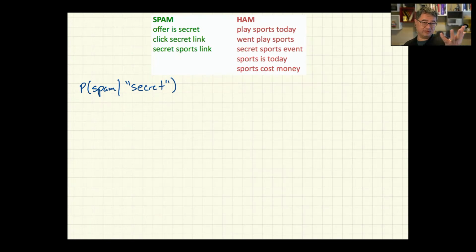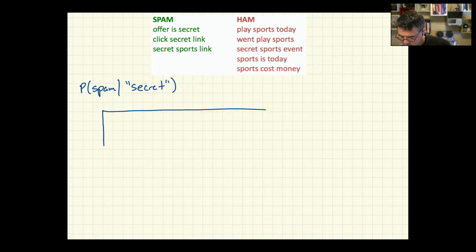So we're going to use Bayes' rule for this, but let's set up a table. Got our prior. Secret is our next column, and we have our P prime and P. Our prior is the message is either spam or ham, or another way to say it, spam or not spam.